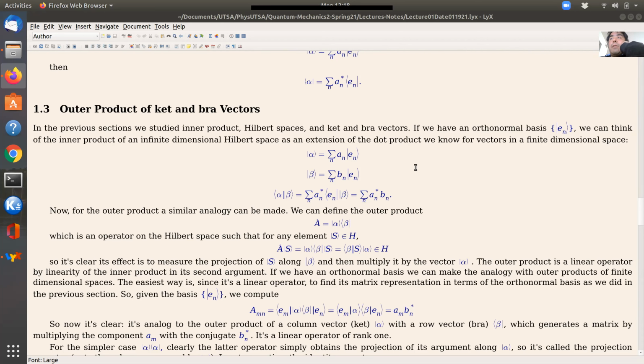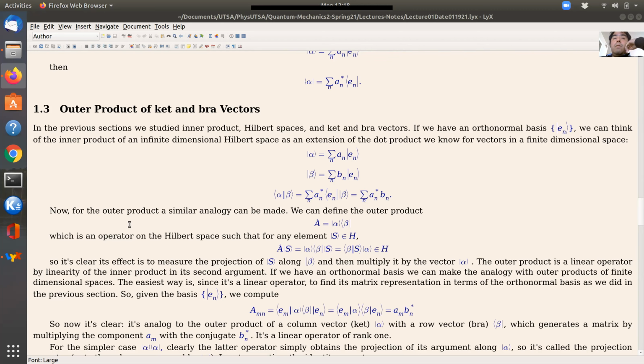So if you think of inner products in finite dimensional vector spaces, it has a finite sum. This one is infinite because the index n is an integer and it's infinite, but it has at least the same expression, even if the bound on the index is infinity.